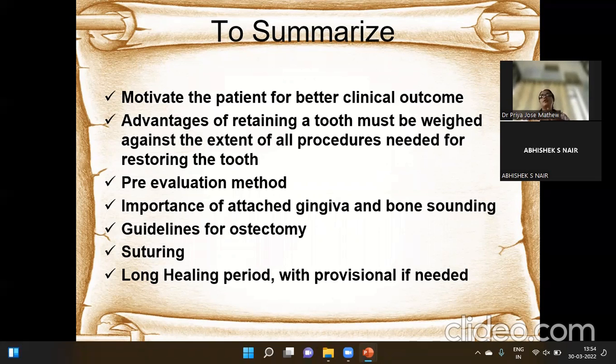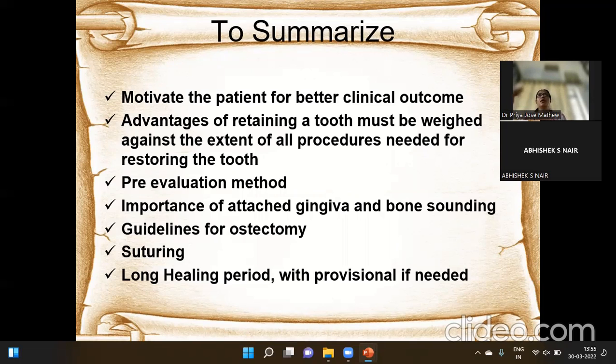There is an option of crown lengthening in which we can retain a lot of tooth. Not all teeth, because if the tooth has any pathological reason, or any fracture or something, we may have to go for an extraction. So first of all, we have to imbibe that there is a procedure like that, and only then will we start to motivate the patient.